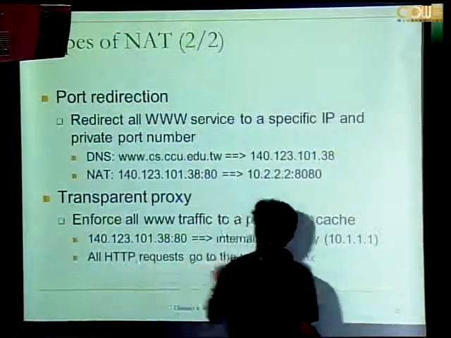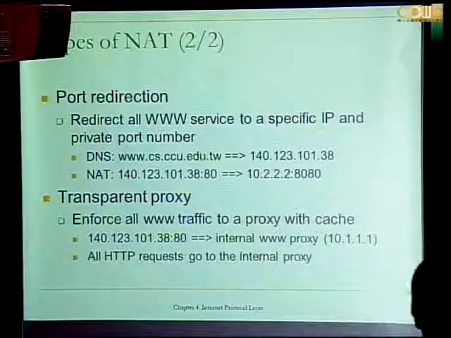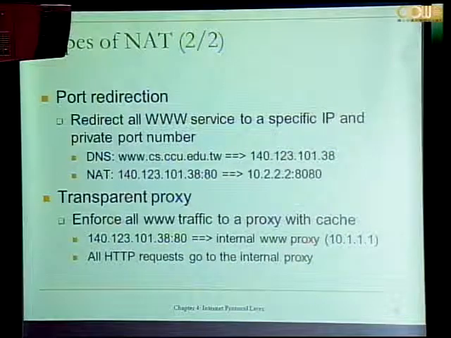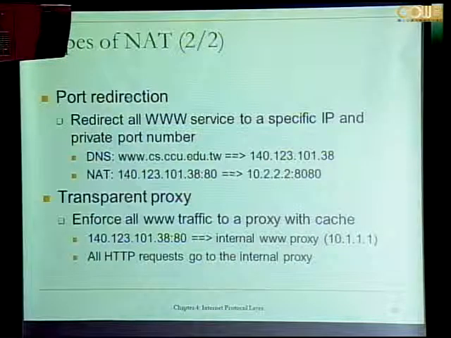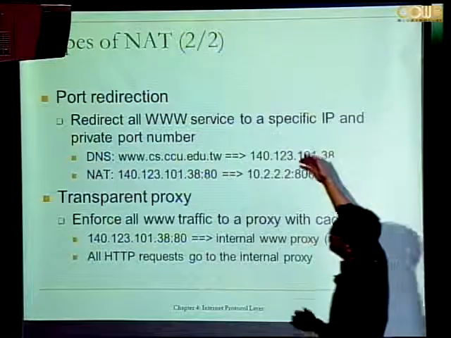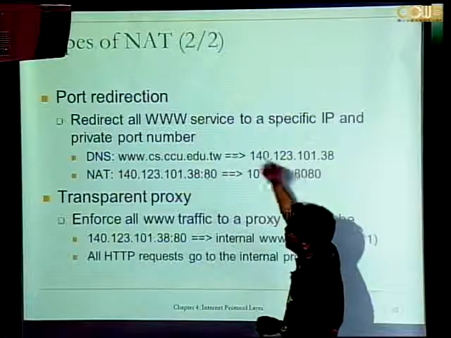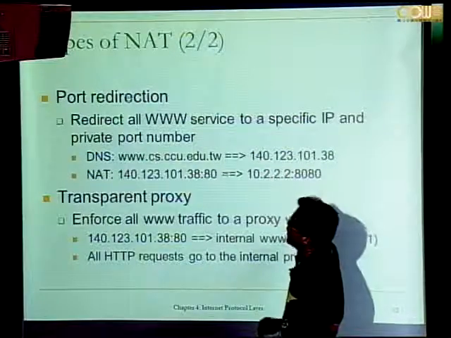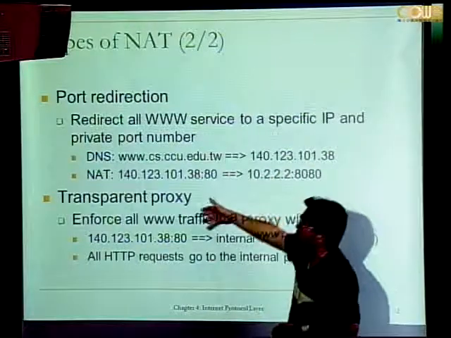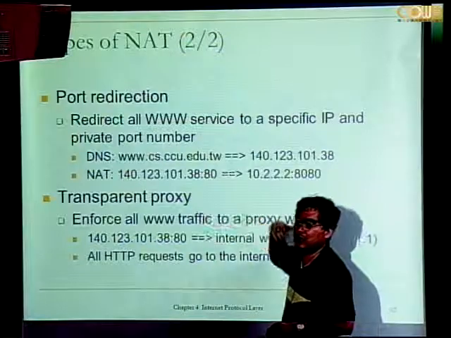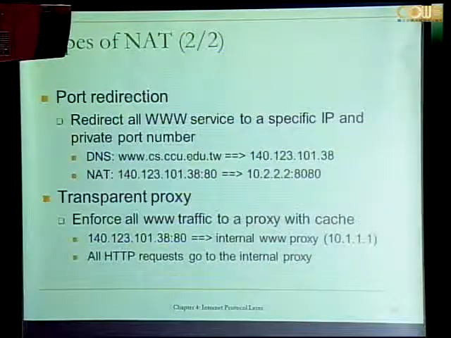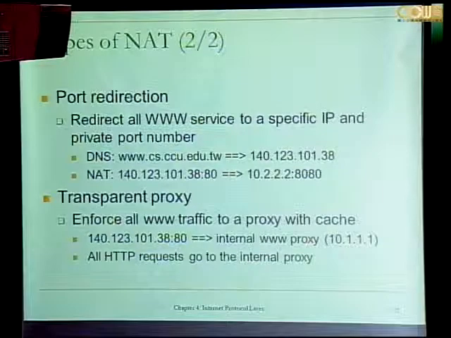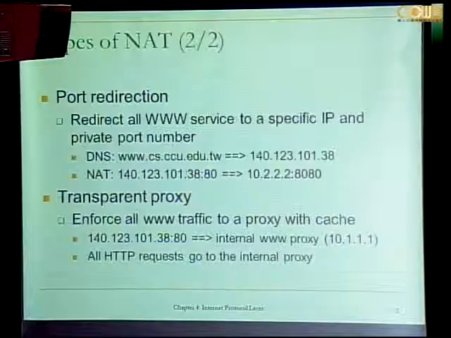So all HTTP requests will be redirected to the internal proxy. So for this port redirection, it's an incoming request. I redirect. But for this, it's an outgoing request. If it's outgoing, then I redirect to my proxy first.